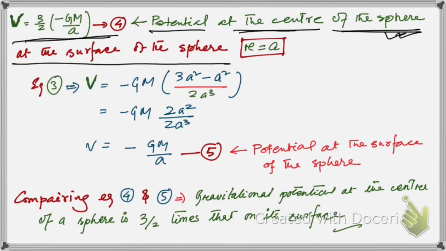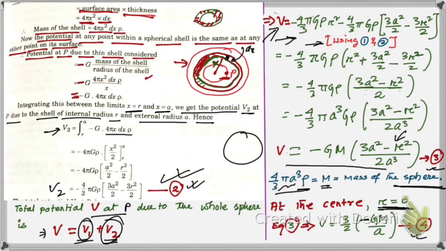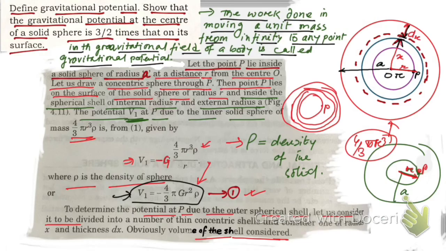Now at the surface of the sphere, that means we have taken the radius of the sphere as small a, this whole sphere. If you move on to the diagram, you see we have taken this radius a.